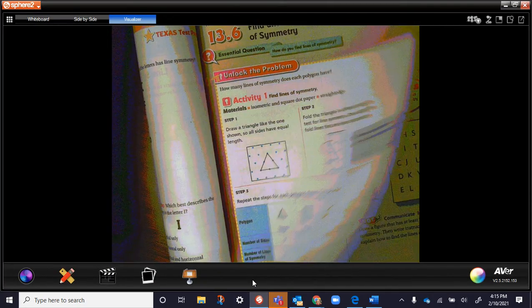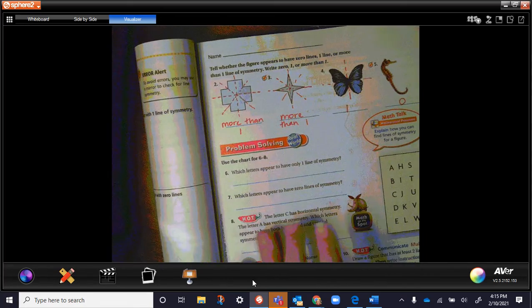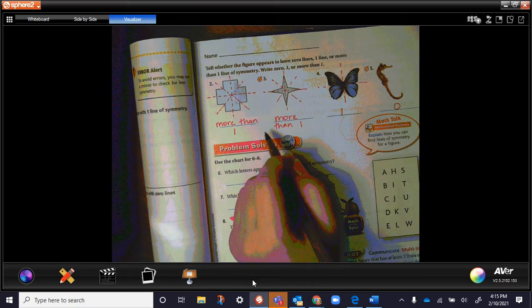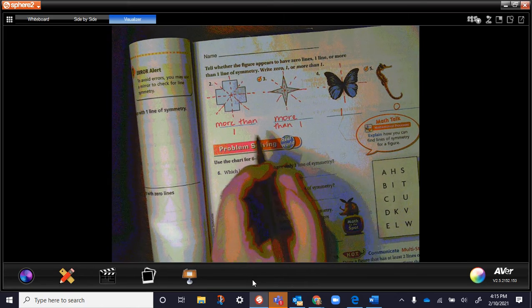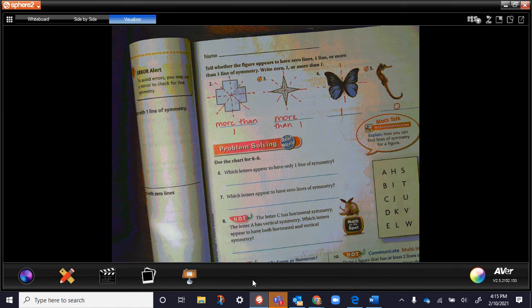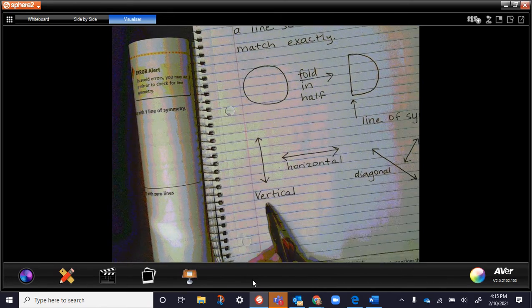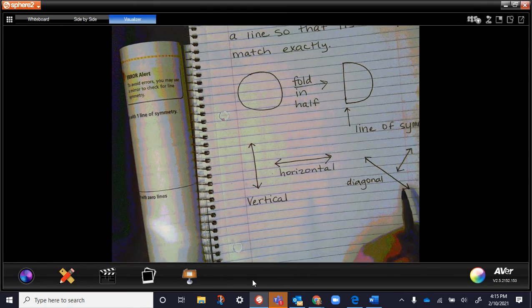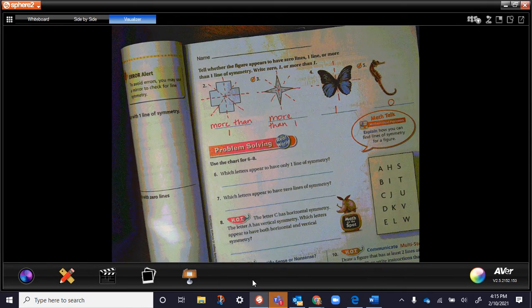For 13.6, we jumped over to page 481, and we were looking at some figures and deciding how many lines of symmetry they had. So again, we reviewed those lines. We went back to our notebook and talked about what it means when we're talking about a vertical line, a horizontal line, or a diagonal, because these are the types of lines of symmetry that we need to check.